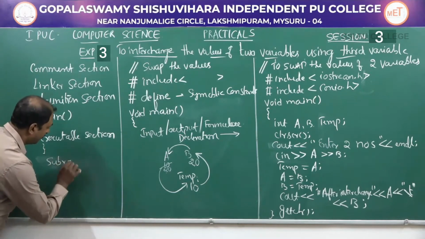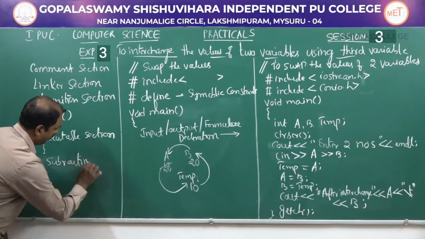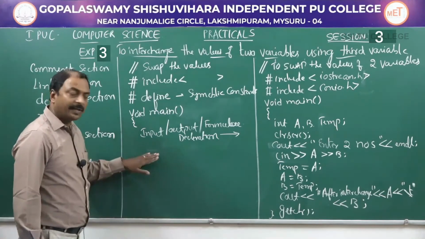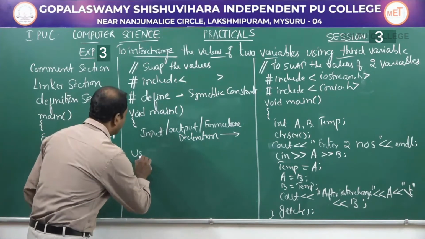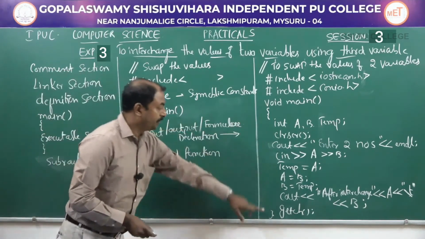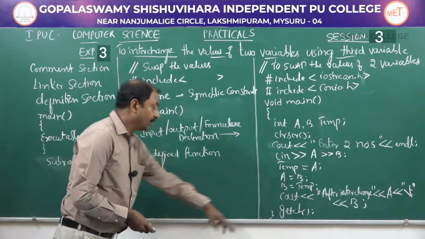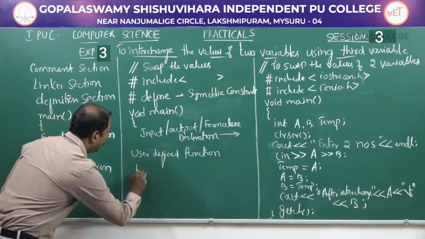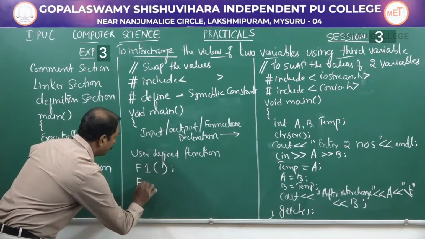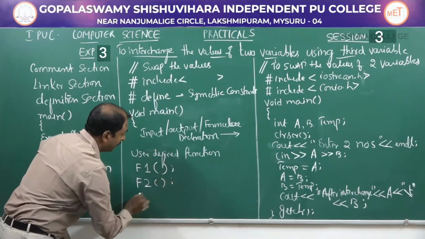Subroutine section. The programmer can write user defined functions. For example, after closing this void main function, we can write, for example, F1 as one function and F2 as one more function.